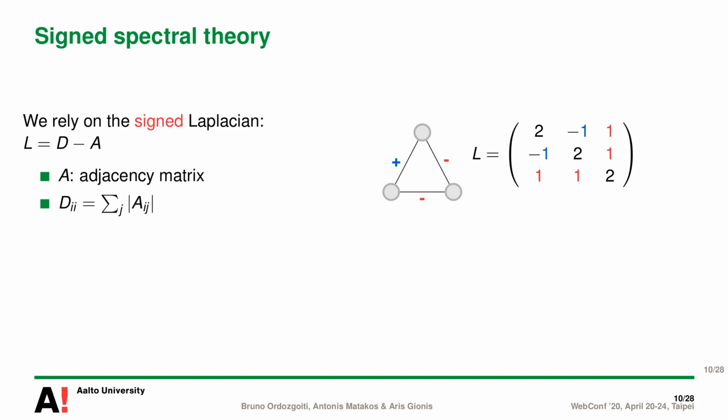So spectral theory in the case of signed graphs revolves mostly around the signed Laplacian, which is defined very similarly to the Laplacian for unsigned graphs, with the difference that the degree matrix is comprised of the unsigned degrees of the vertices. So an entry of the degree matrix will be the sum of the edges incident on the corresponding vertex regardless of their sign.